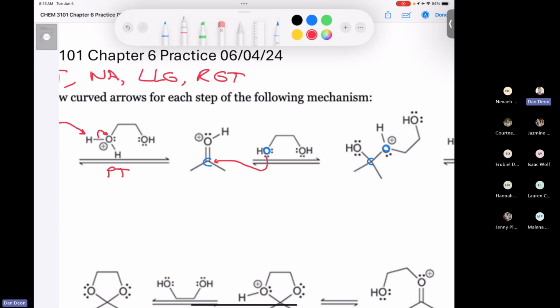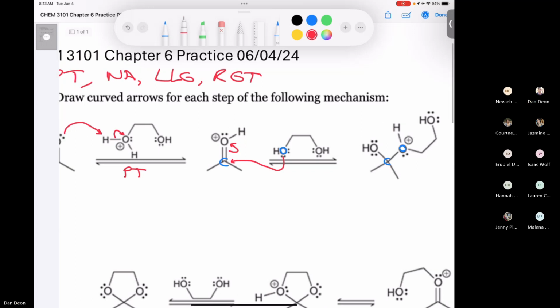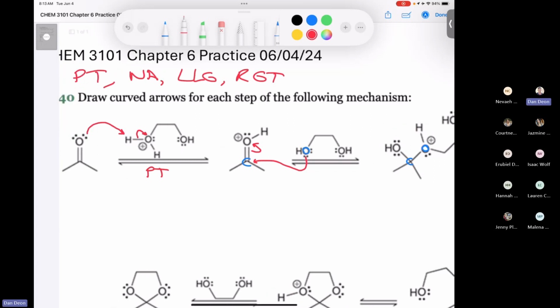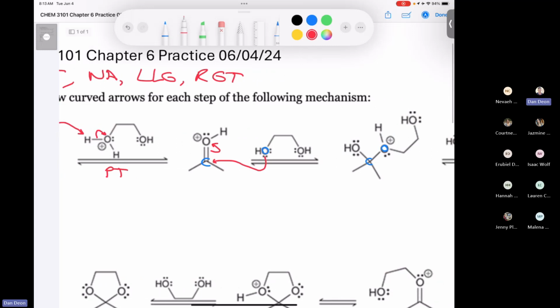We can't have that. So we're going to break this pi bond and put a lone pair of electrons on this oxygen. Could anybody describe this mechanism? Would it be proton transfer, loss of leaving group, nucleophilic attack, rearrangement? Exactly. Thanks. This is a nucleophilic attack. Exactly. So this is the kind of rationale we want to have.